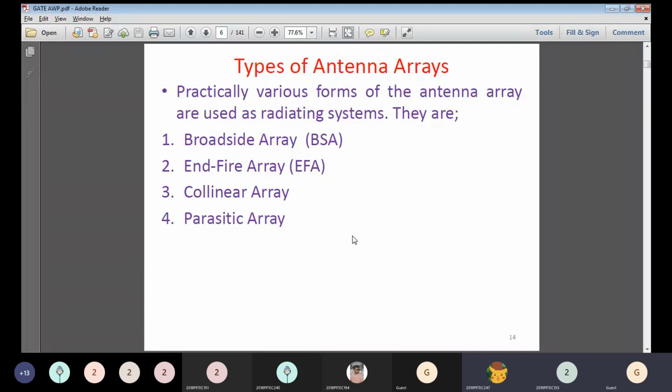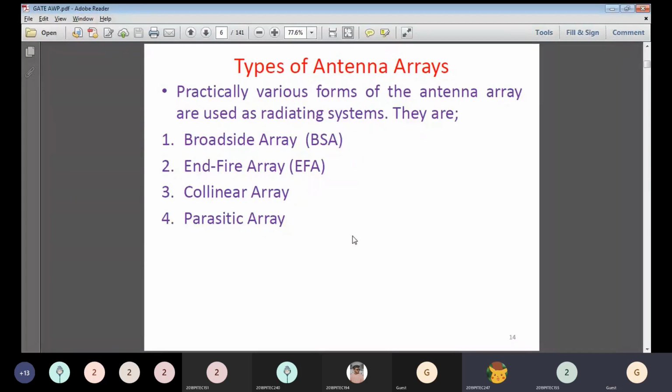And last, fifth, based on types of input-output signal, we have the phased array, retrodirective or self-focusing array, and finally the adaptive array.